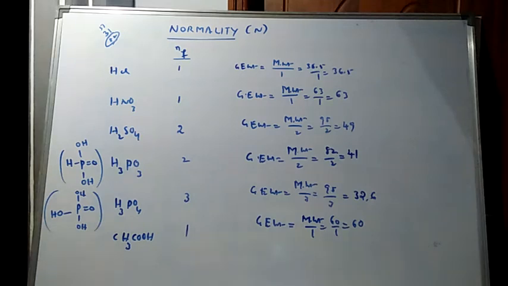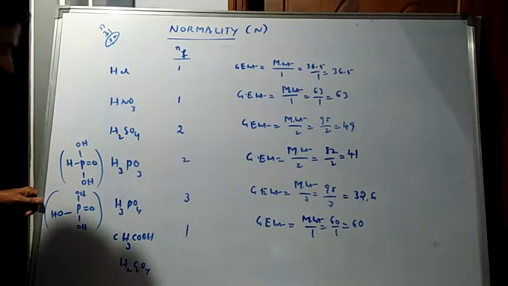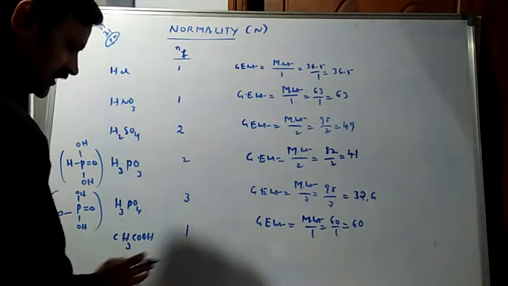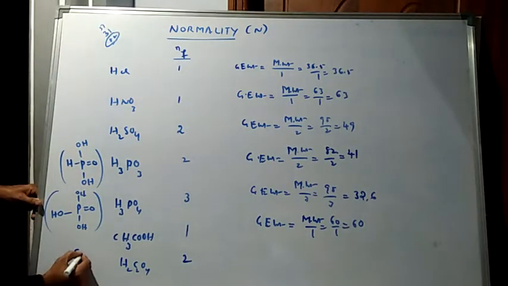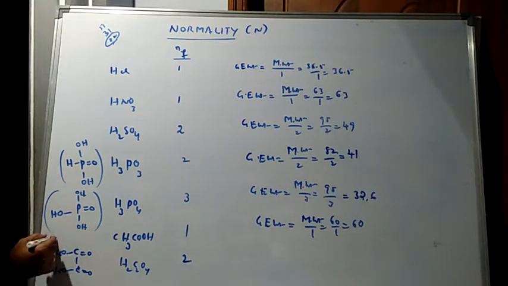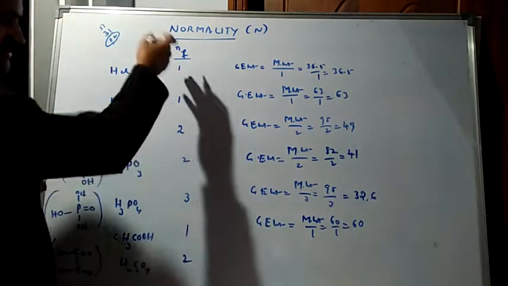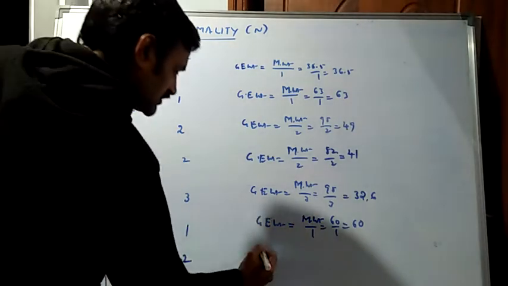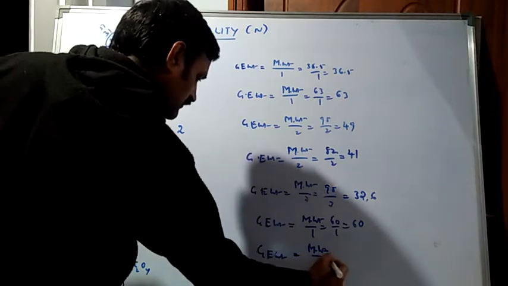Okay. In the same way, you can also see H2C2O4, that is oxalic acid. In this oxalic acid you have two OH groups, so 2 hydrogens can be displaced here. The basicity of this acid is 2. So the GEW for this one will be molecular weight by 2.